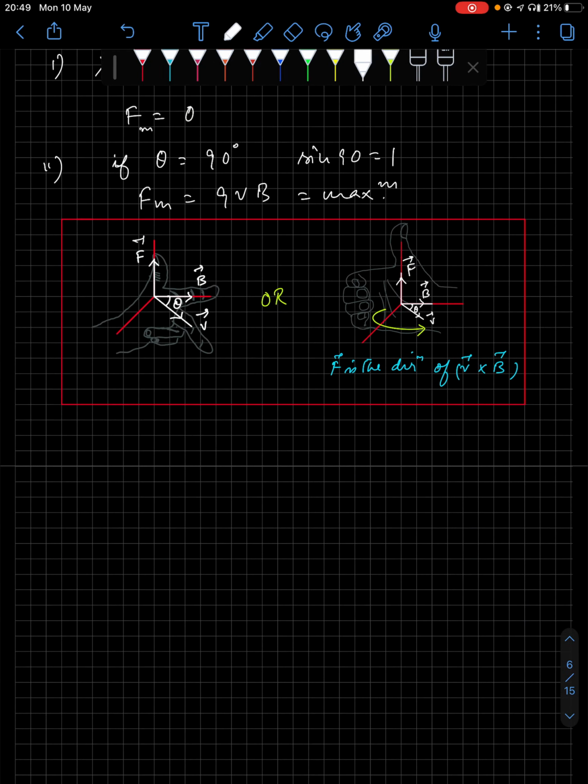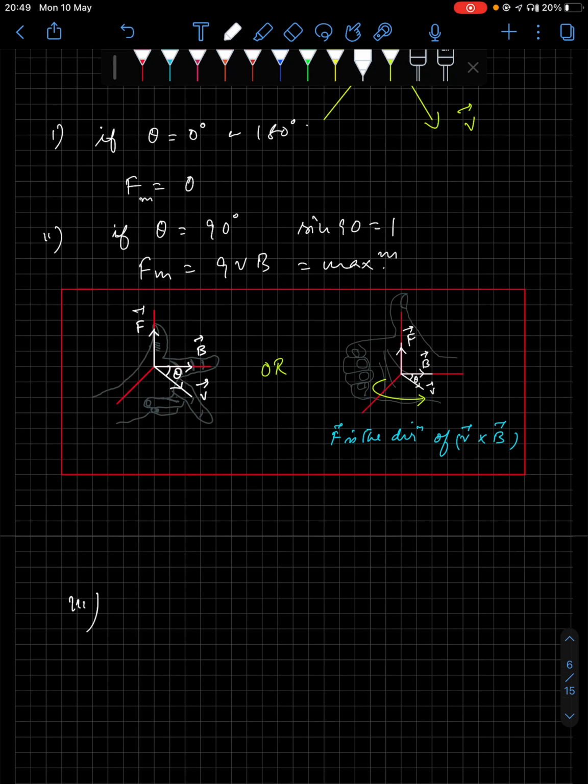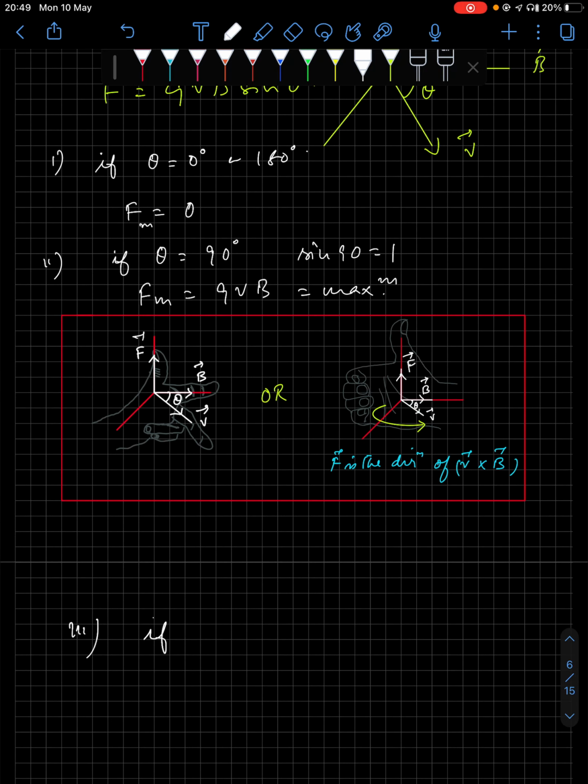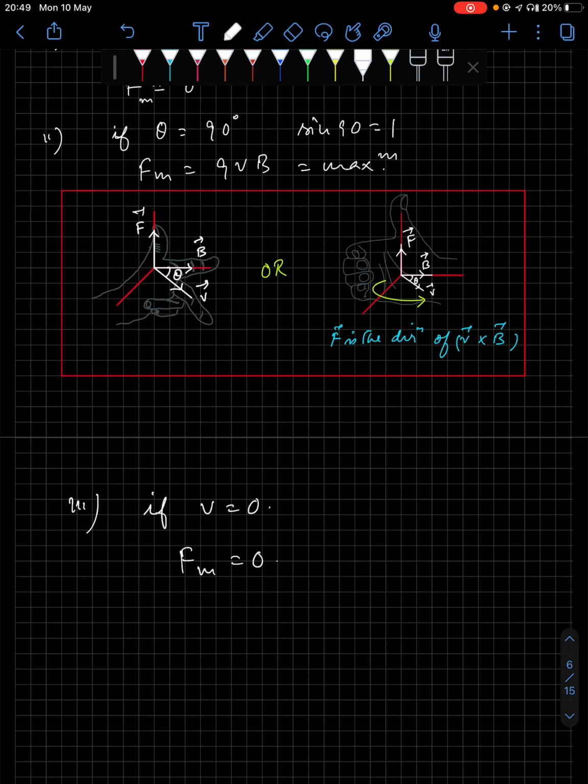Case number 3, say the charged particle is at rest, so if V equal to 0, in that case also magnetic force will be 0. So you can understand that a charged particle which is at rest has no magnetic force acting on it.